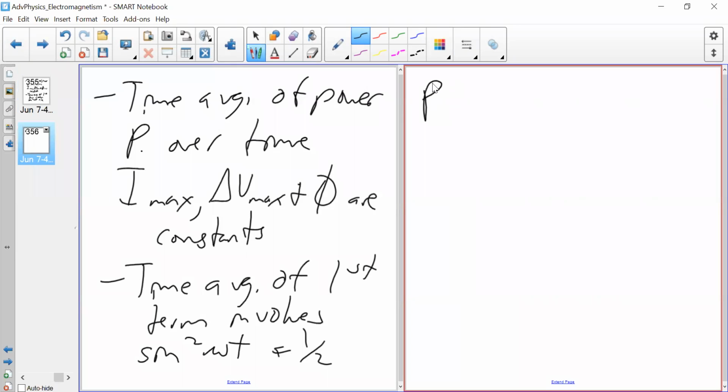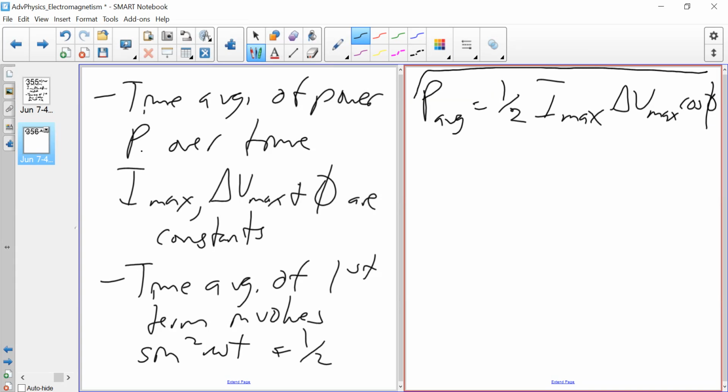Therefore, we have average power, because we're looking at the average over time, is 1/2 I max delta V max cosine phi. So that's what it would be in terms of the maximum values.